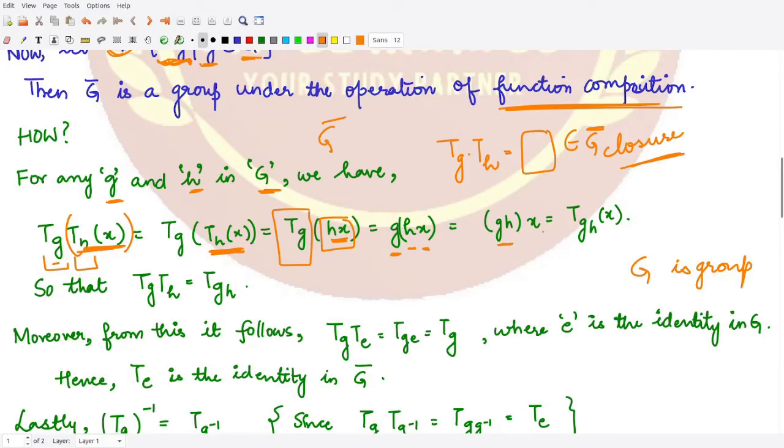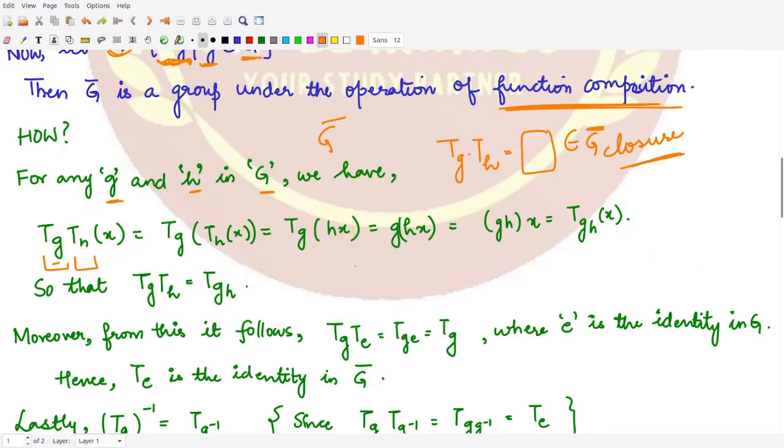Now treating gh as one element from the group G, we may define this as T of gh applied to x. So basically we started with this and obtained this. So can you say that T_g composed with T_h is equal to T_gh? This is what we wanted to prove, that when you compose two functions together, you obtain again some function which is a member of G bar. Therefore we have the closure property.